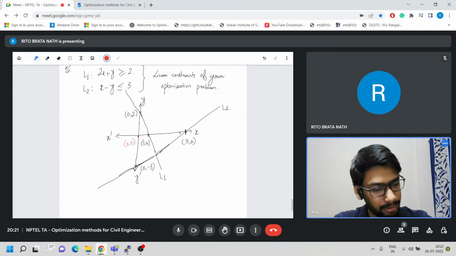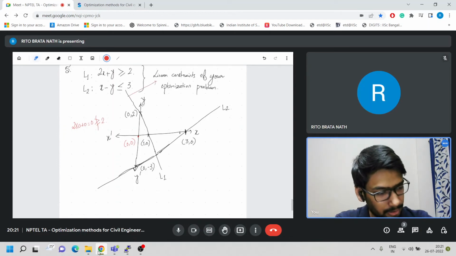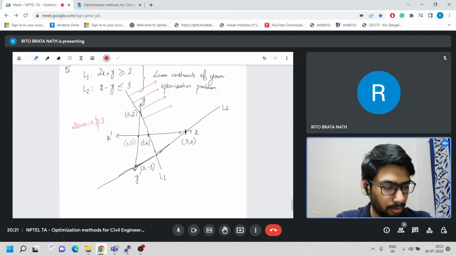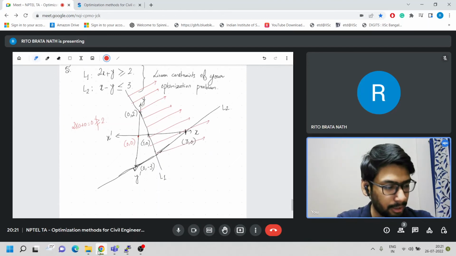What we'll get, 2 times 0 plus 0, that's 0, but it's not greater than or equal to 2, sorry. So that means this origin doesn't belong to the feasible region of L1. So the feasible region will be the opposite side of the origin. So from the line L1, you can draw it like this.